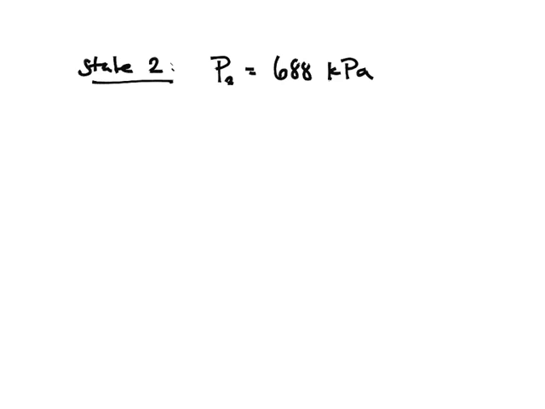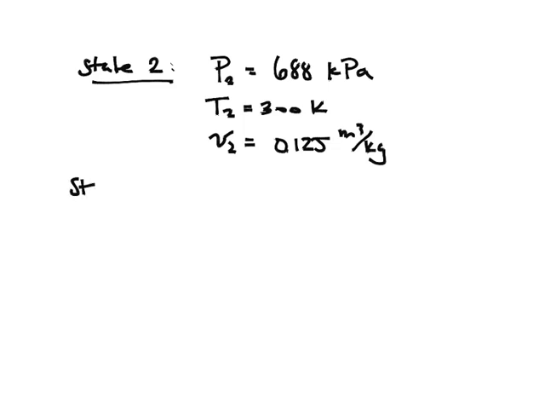We have 688 kPa pressure. This was our answer to part A. We know T2 is 300 Kelvin because we know state 1 and we know an isothermal process between state 1 and state 2. And we know our specific volume at 2, which is 0.125 meters cubed per kilogram.